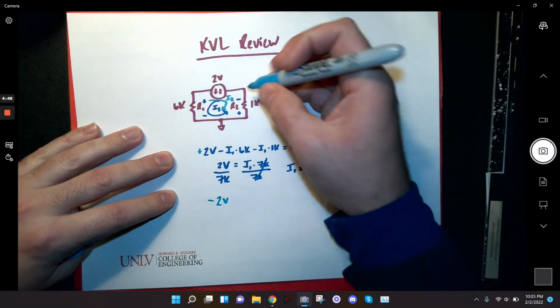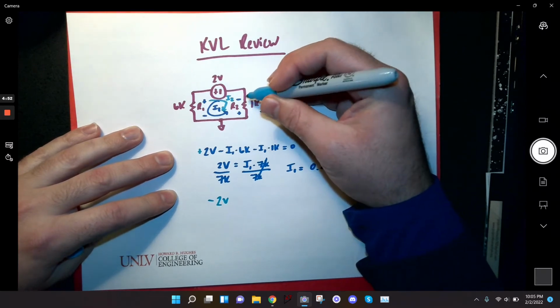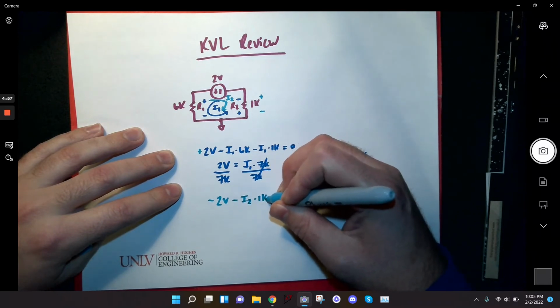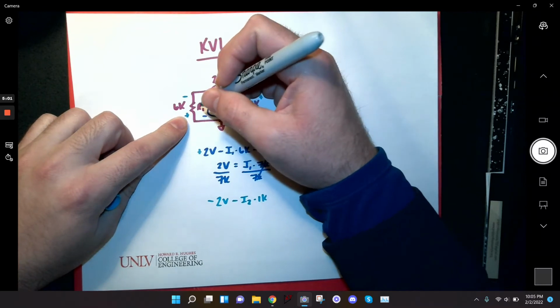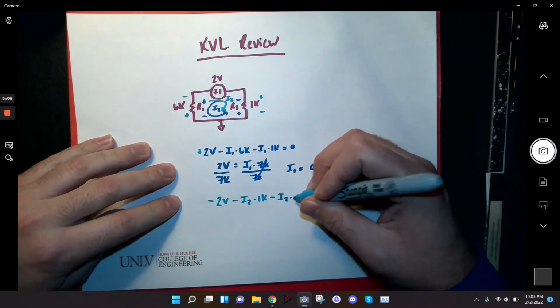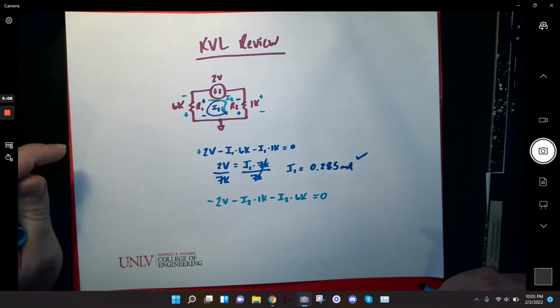Now I come across this resistor, my polarity is flipped, and I drop by I2 times 1K, so I subtract I2 times 1K, and then across this resistor, I drop I2 times 6K. And that whole thing's equal to 0, right?